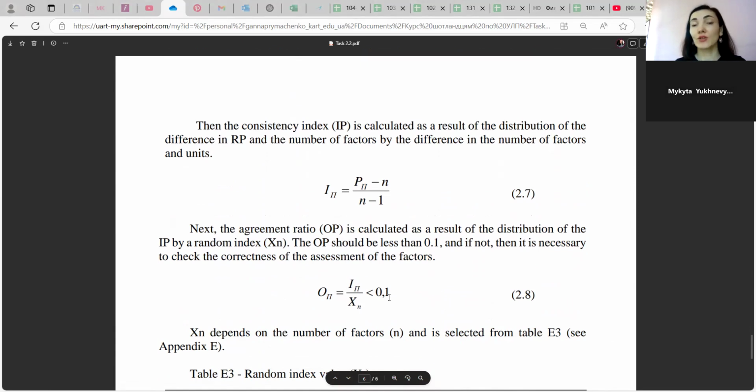So it is the weights of our factors, and the result, this parameter O with index P. Okay, please write the answer after all your calculation about the weight of every factor and about O with index P.